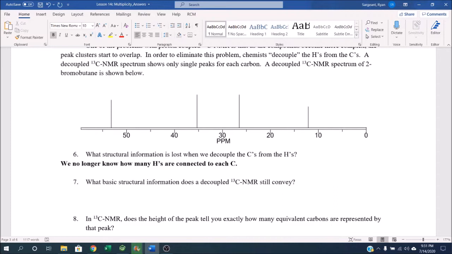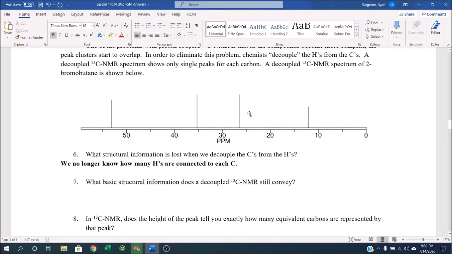And so when we think about what information we realistically get out of C-13 NMR, we pretty much only get the number of different types of carbons. There's 4, because I see 4 peaks, and we know their approximate shift values, but we don't actually know what the coupling is. We don't know how many hydrogens are associated with each of those carbons. So what basic structural information does a decoupled C-13 NMR still tell us?